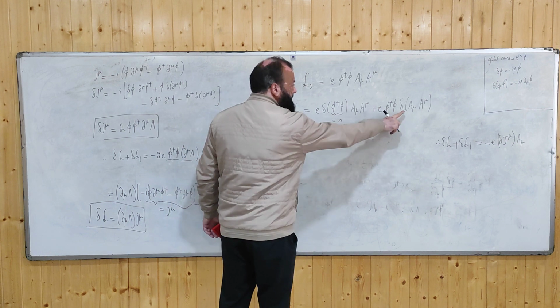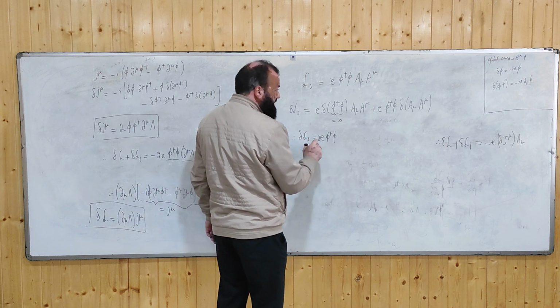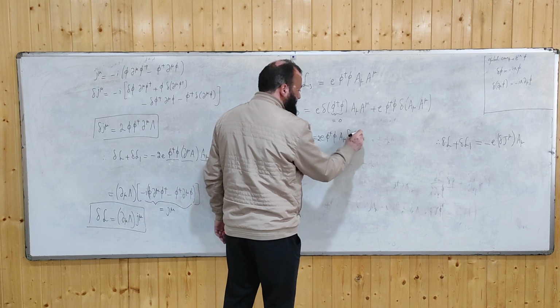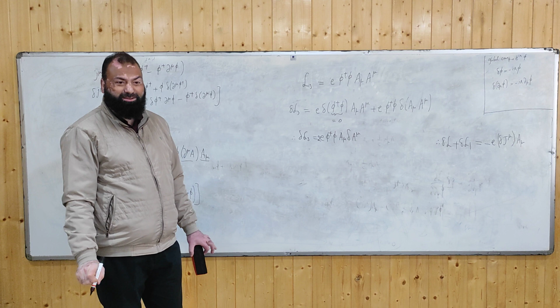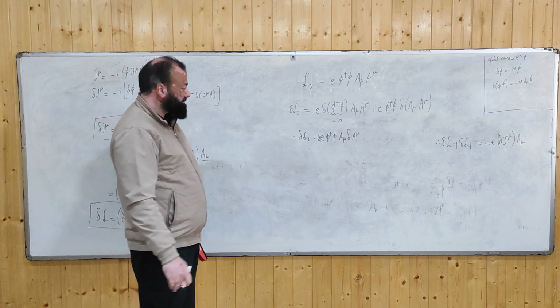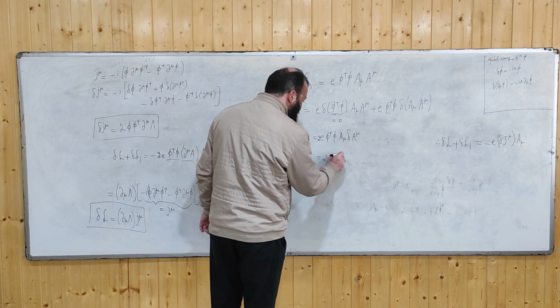Since this is a quadratic term, when you differentiate it will be twice A mu delta A mu. Clear? It is all guesswork you have to do, to adjust the terms correctly. So it is simply twice E phi dagger phi A mu delta A mu.